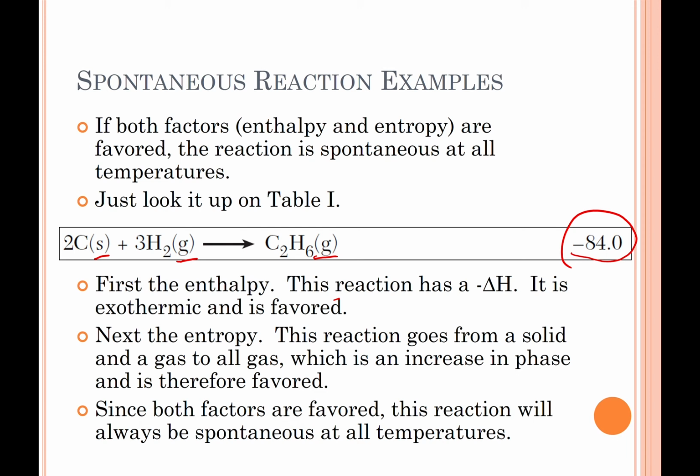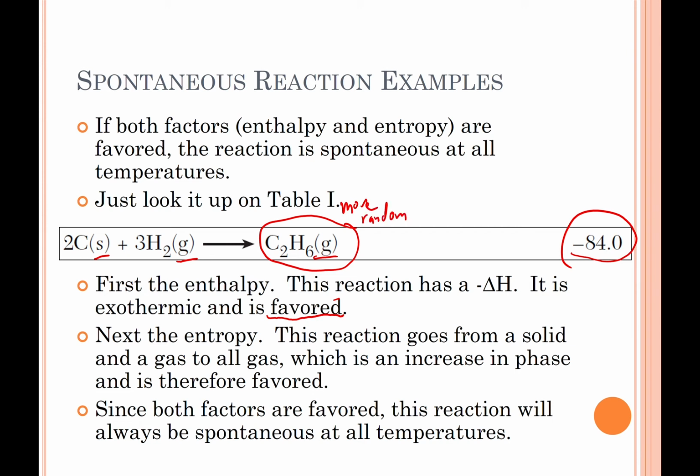For this reaction, the enthalpy has a negative value, a negative 84 kilojoule per mole heat of reaction. So therefore it's exothermic and therefore it has to be favored, just based off of the enthalpy. As far as the entropy, well, we have a solid and a gas, and our product ends up as all gas. So this is an increase in phase and therefore is favored. We're getting more disorder here, more random.